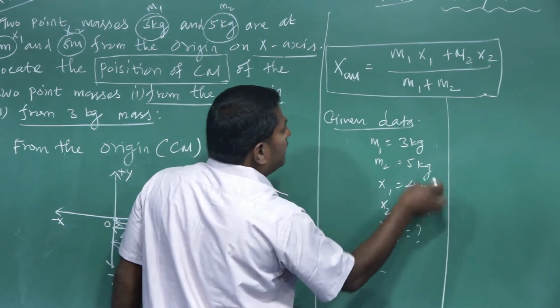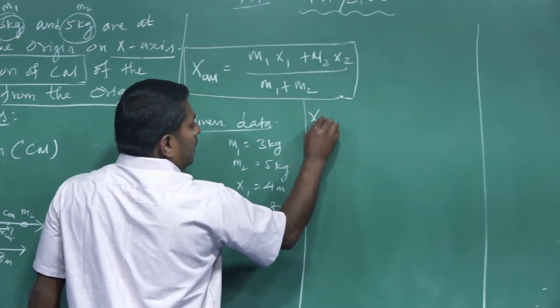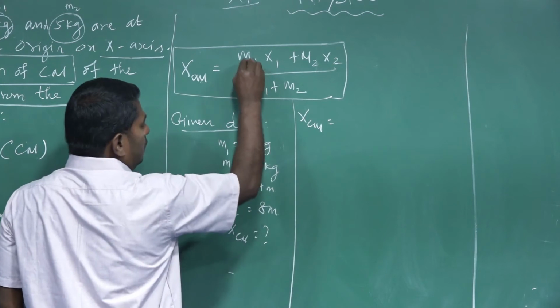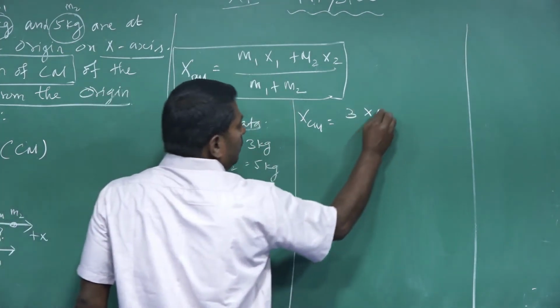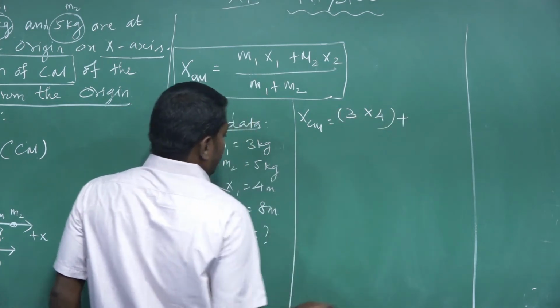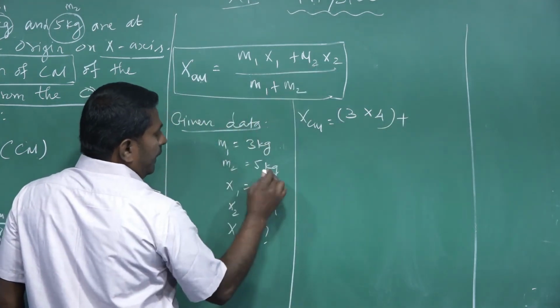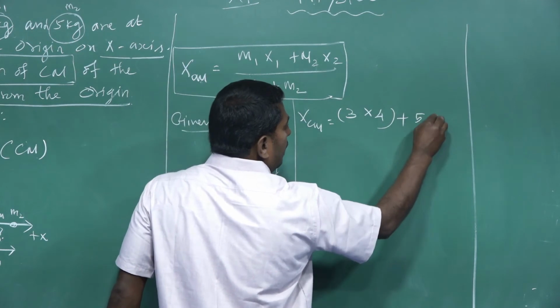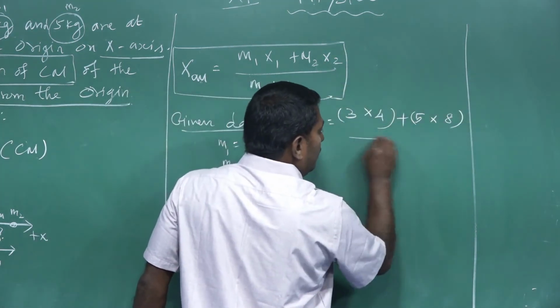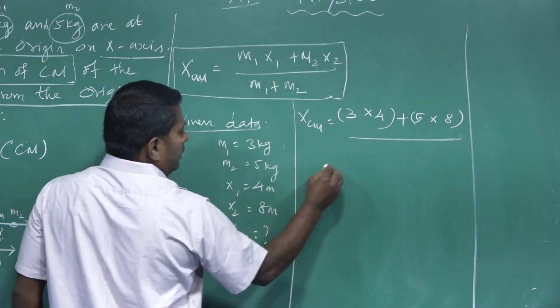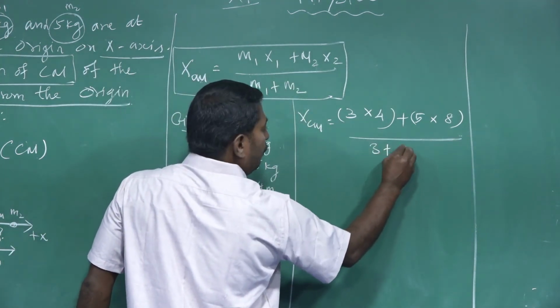All this data is substituted in this equation. XCM is equal to m1 value 3 into x1 value 4 plus m2 value 5 into x2 value 8 divided by m1 value 3 plus m2 value 5.